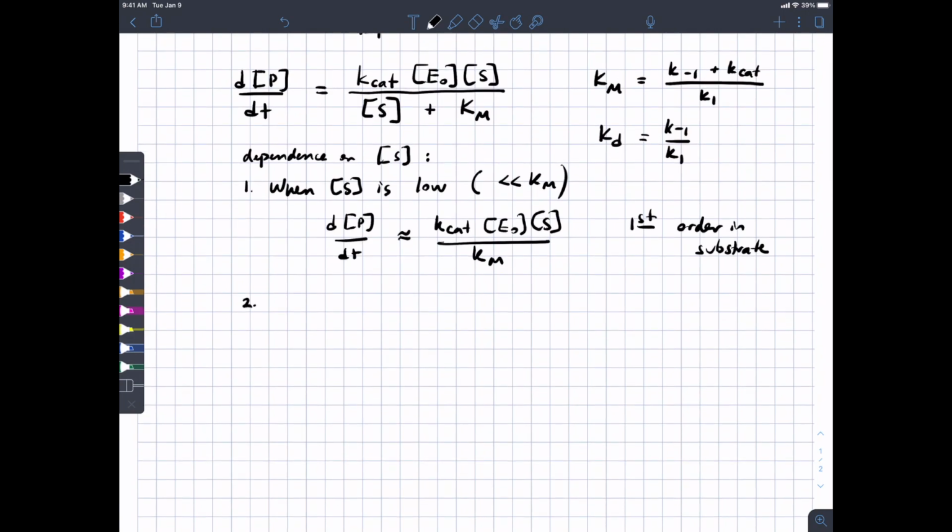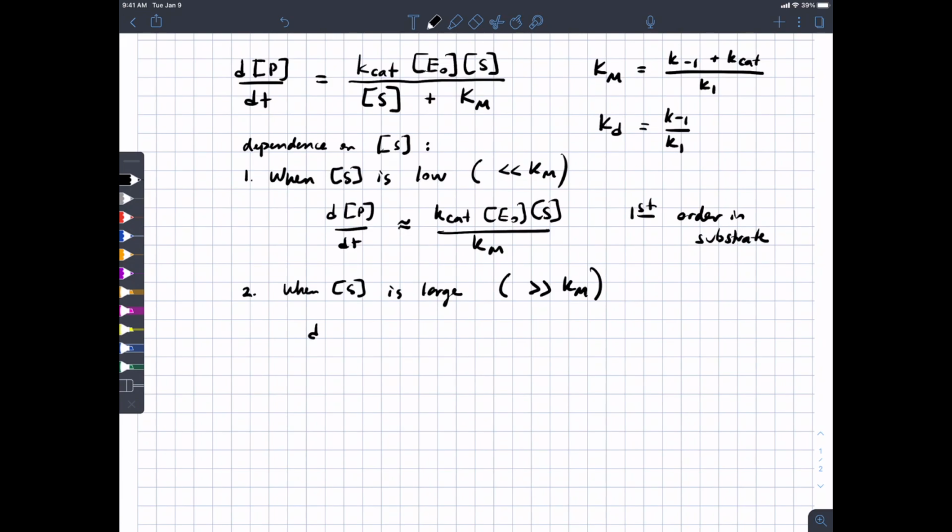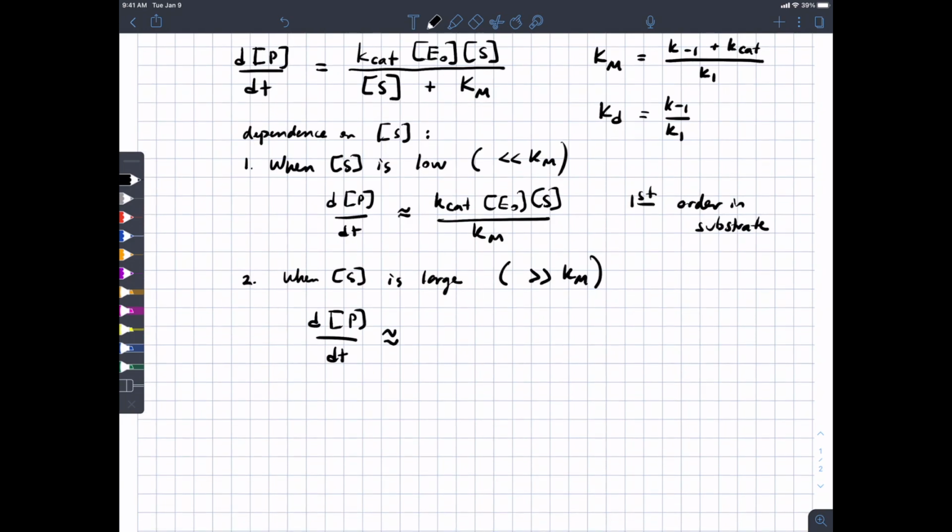But at a certain point, when substrate concentration is large, and by that we mean maybe greater than Km, in that case, the rate law simplifies, and we've done some of this before in our steady state approximations for various other mechanisms that didn't involve enzymes, but then the rate law would simplify to this, where you just have substrate concentration in the denominator because it's much greater than Km.